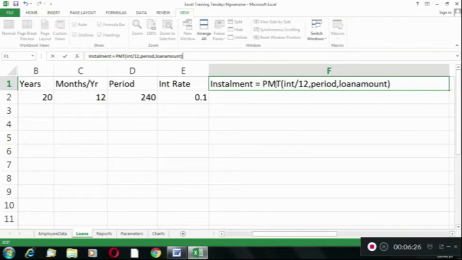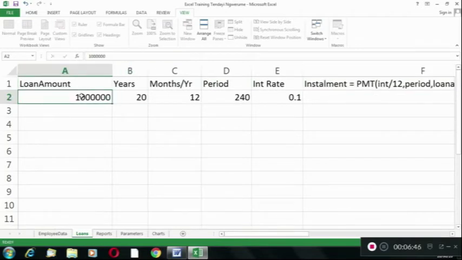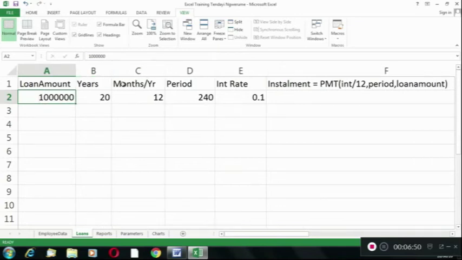It's PMT into the interest rate divided by 12, then you put comma, then the period, then comma, then the loan amount. You can see that some of the information is straightforward because we are just going to get it from the cells, but other information needs to be calculated.